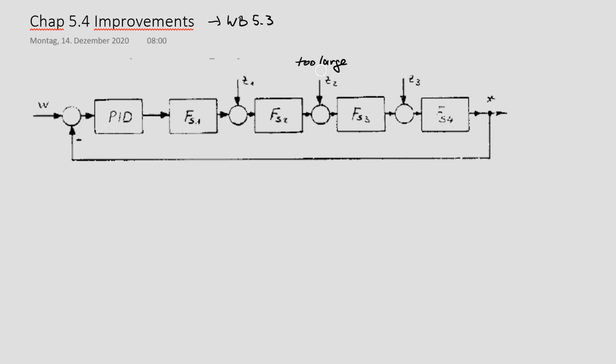We assume that Z2 is too large for this controller. Can we do something with additional hardware, additional tricks, additional ideas? Can we do additional things to remove this problem with Z2? The answer is yes. There are several methods.